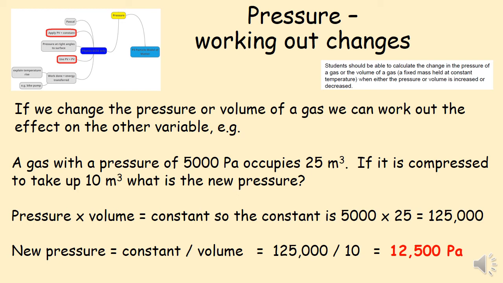So we have 125,000 divided by 10, giving us 12,500 pascals. You'll see that's a higher pressure than the 5,000, which is what we're expecting because we have reduced the volume. Therefore, we would expect the pressure to increase.